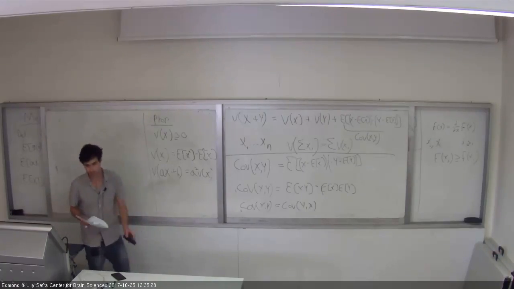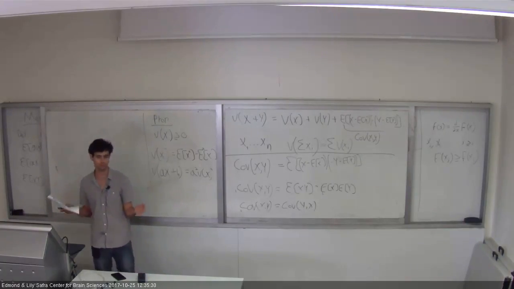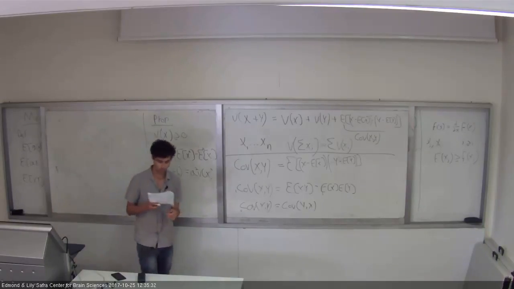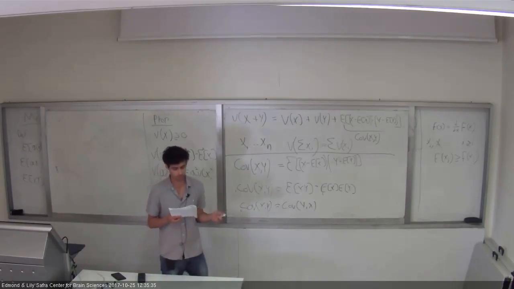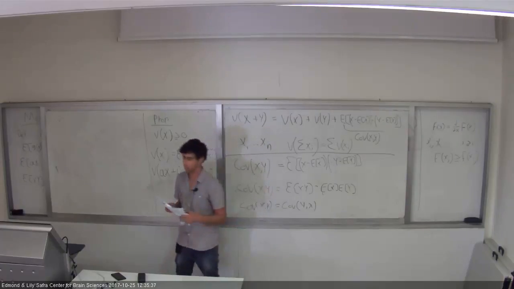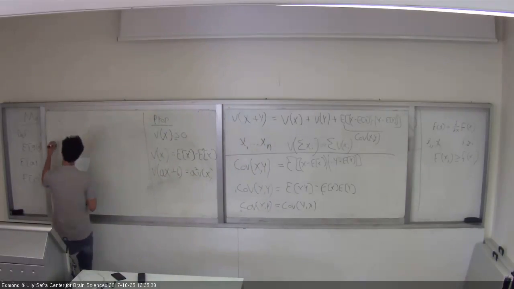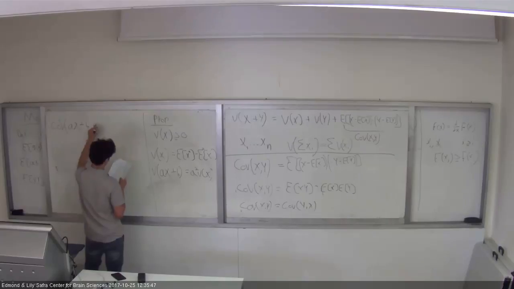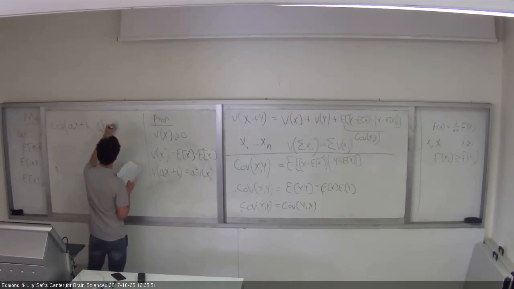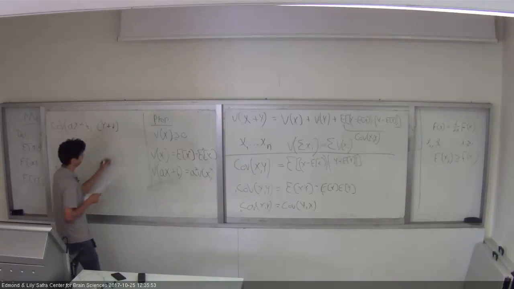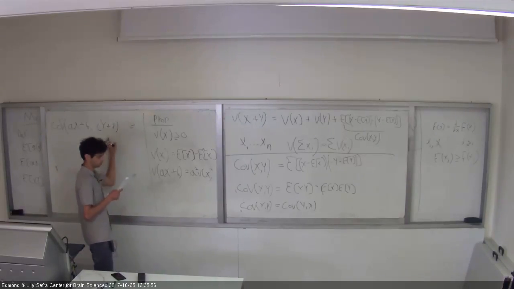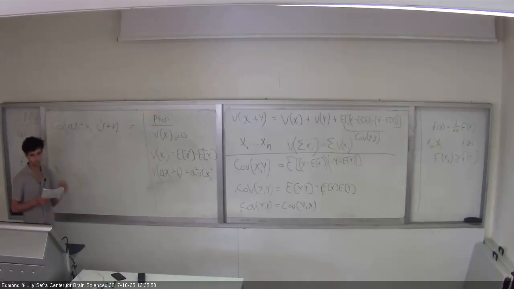Now, if we have two random variables, X and Y, and four constants, A, B, C, and D, and we want to decompose the covariance of AX plus B and CY plus D, how can we decompose this covariance?